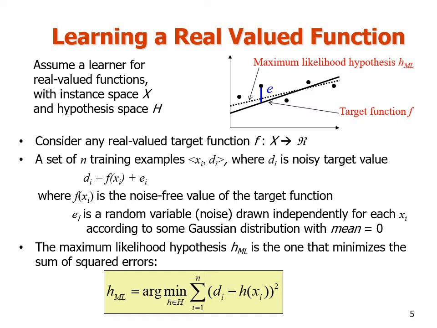For example, if the problem is to learn to predict the weight of a person based on the person's age and height, then the above analysis assumes noise in the measurement of the weight, but it assumes that age and height are measured perfectly without any noise.